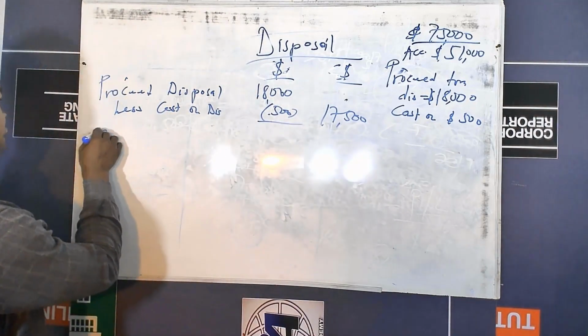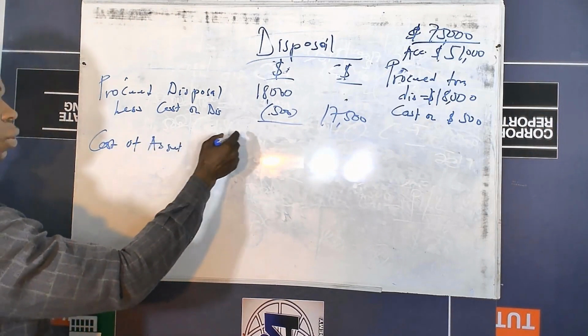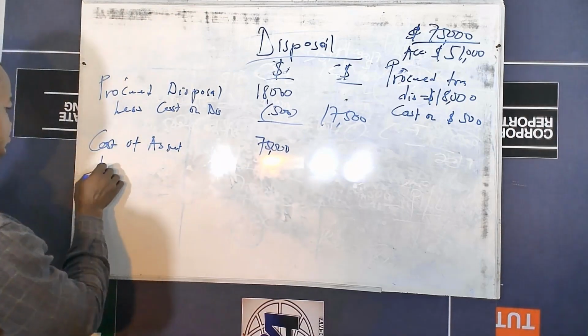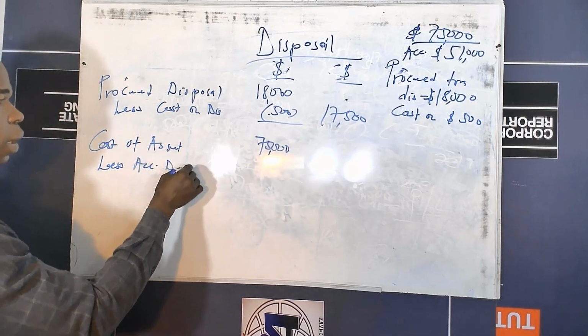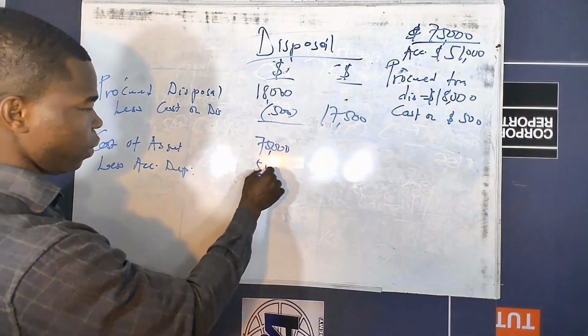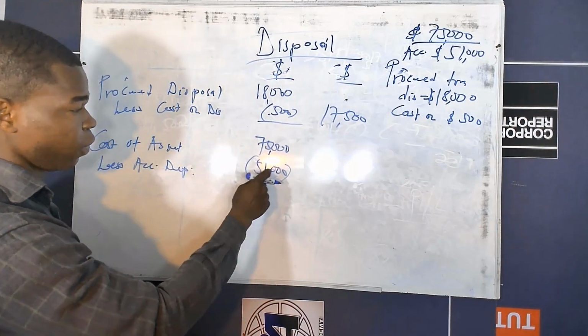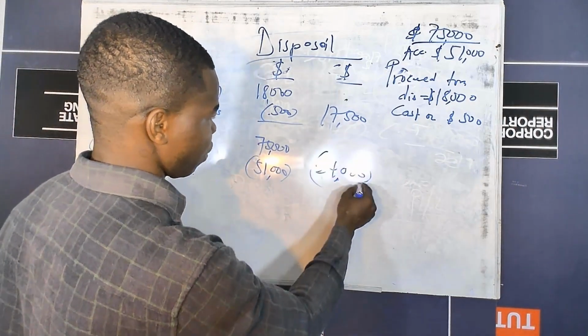Then we have the cost of assets. The cost of assets is 75,000, and then we less accumulated depreciation. Accumulated depreciation in this case is 51,000. So if you less 51,000 from here, you're going to get 24,000 as our carried amount of the asset.